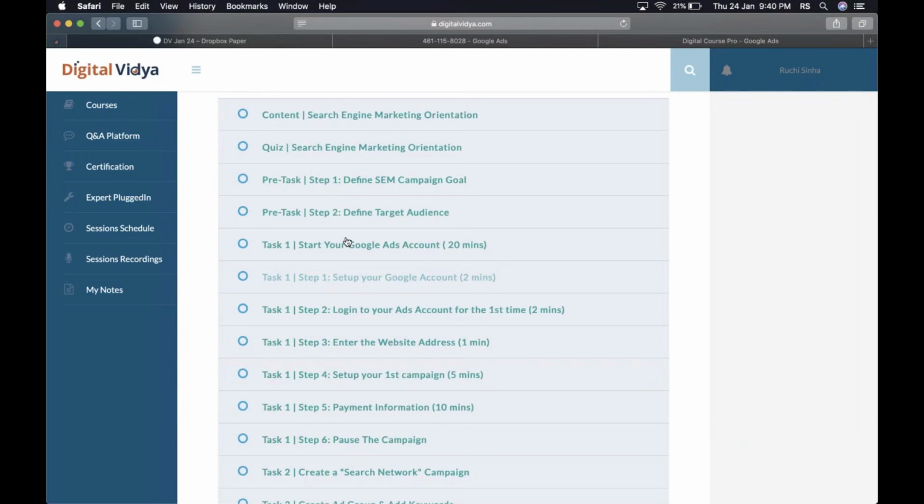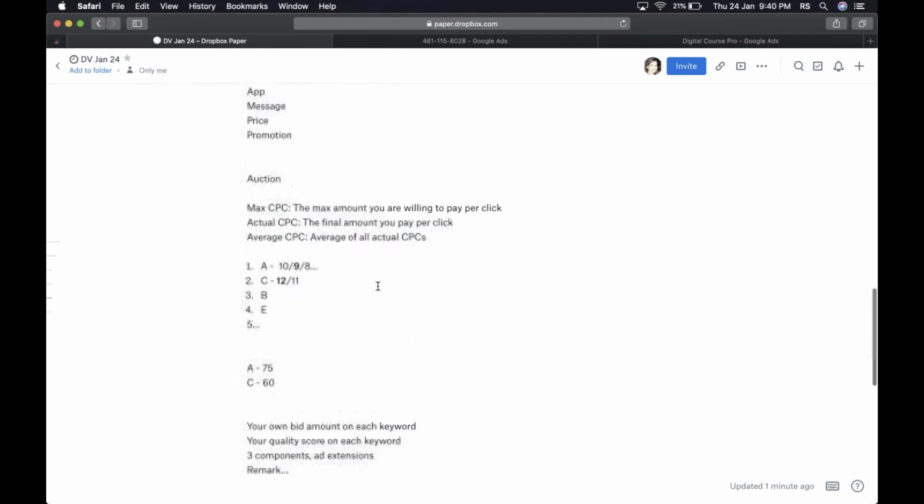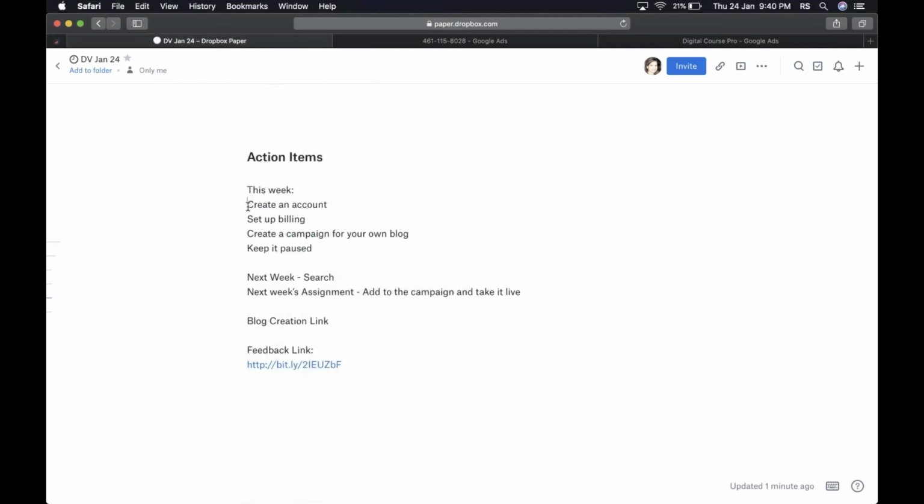Now here, your task this week. Okay, I have written it down here rather. So your task this week will be to create an account on Google Ads, to set up your billing, and then create a campaign for your own blog. If you have a business, a friend's business for which you can run ads, then you can do that any day, right?